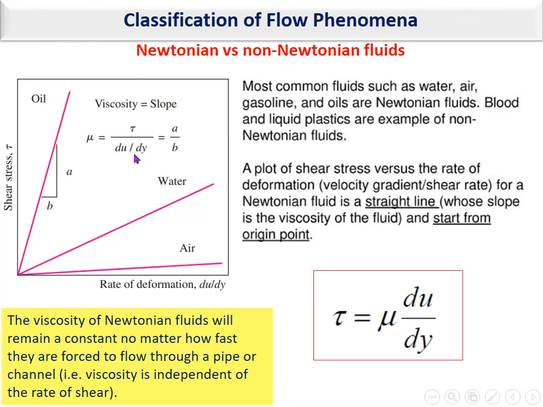So if you compare, for example, air with water with oil, the graph for the oil has a higher slope, so the viscosity is higher, while for the air it has a very gentle slope and the viscosity is lower.